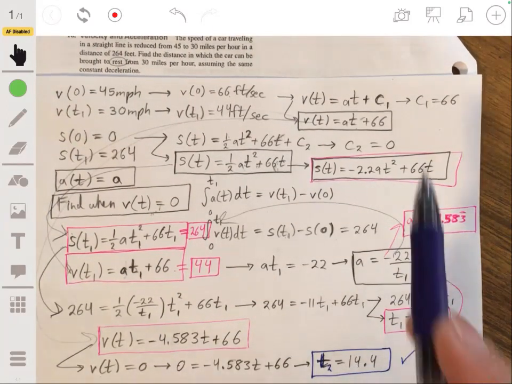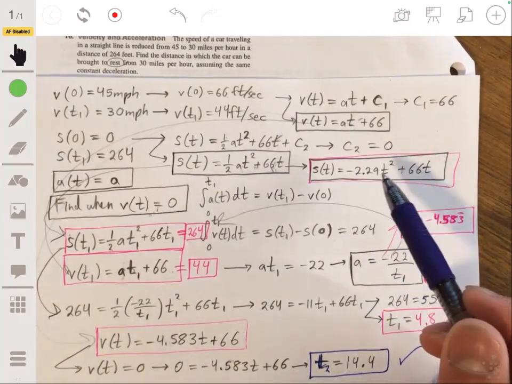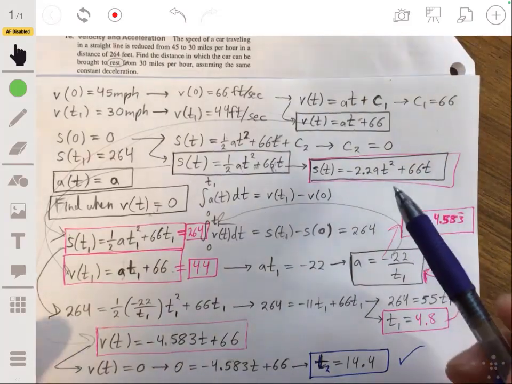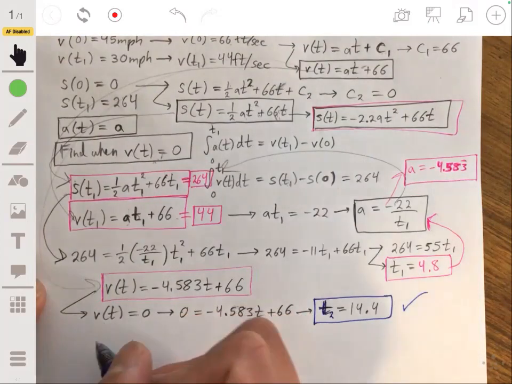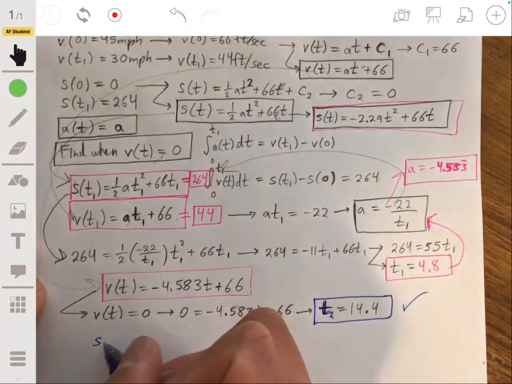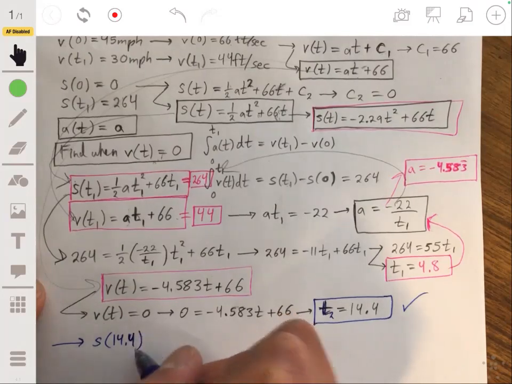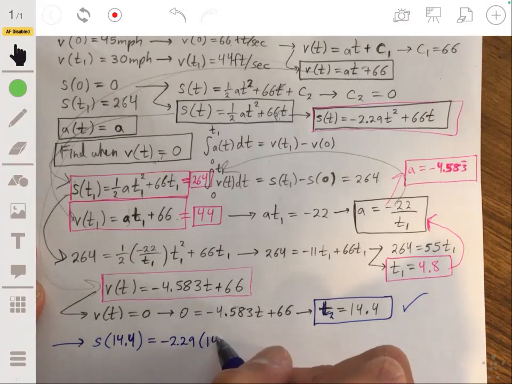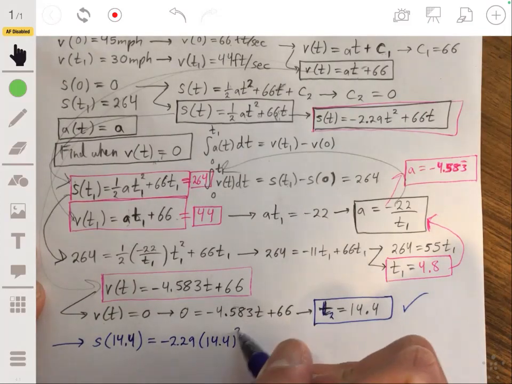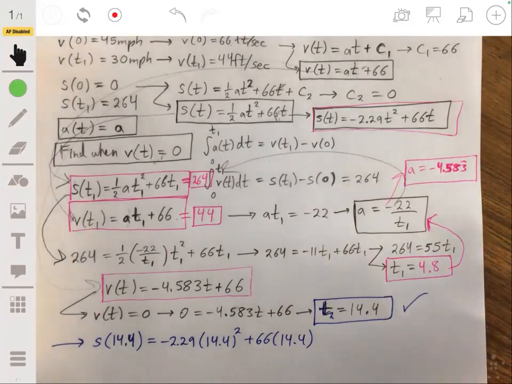Now let's see what its position will be at that time, how far it's going to travel in 14.4 seconds. So we're going to plug that in here. So we have s of 14.4 equals negative 2.29 times 14.4 squared plus 66 times 14.4.